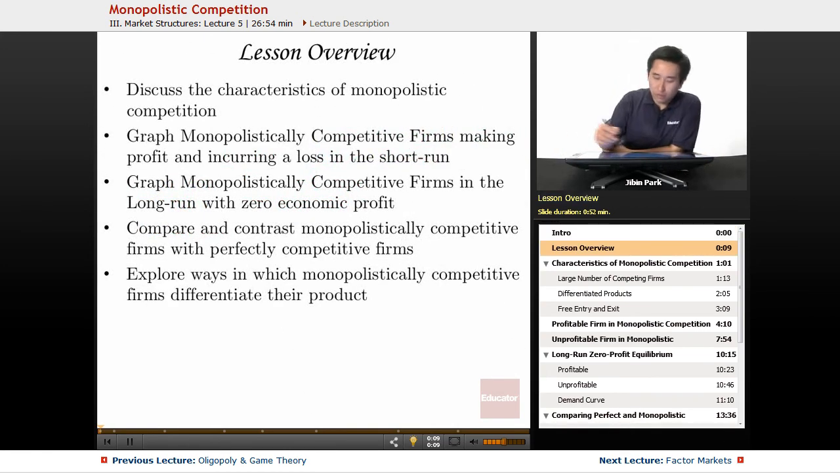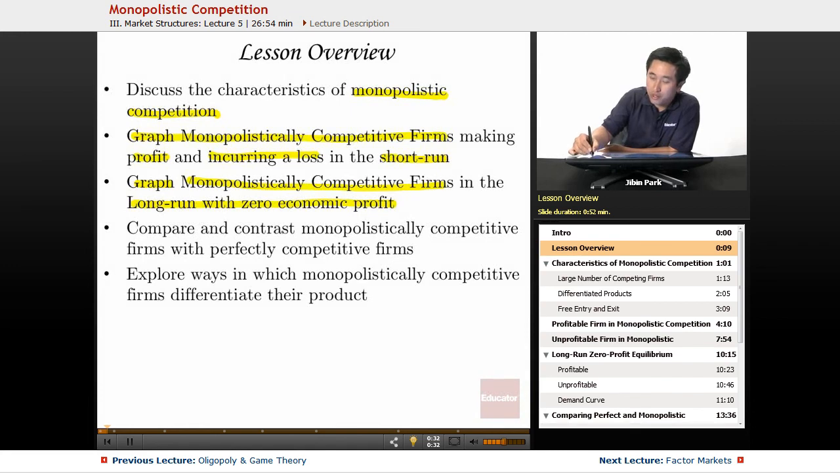So today's lesson we're going to discuss characteristics of monopolistic competition. We're going to graph monopolistically competitive firms making profit and incurring loss in the short run. And we're also going to graph monopolistically competitive firms in the long run with zero economic profit.